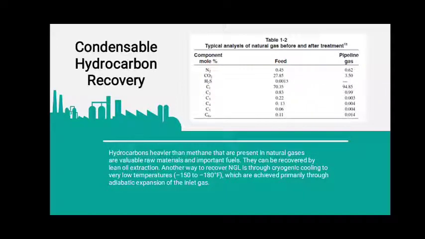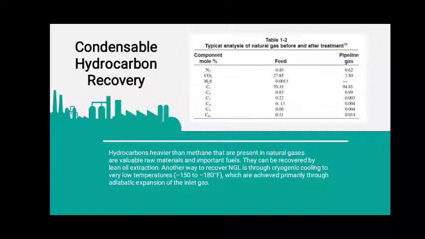The next process is condensable hydrocarbon recovery. Hydrocarbons heavier than methane that are present in natural gas are valuable raw material and important fuel. So in natural gas there is no pure methane, but there are other compounds like C2 until C6.